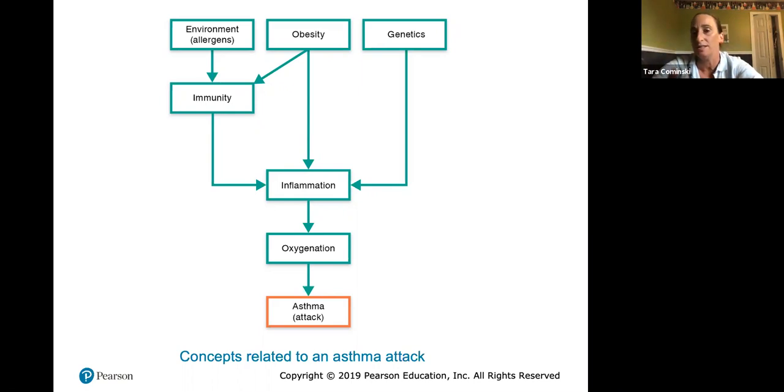Reason through this and describe, how does genetics affect inflammation? Why is there an arrow from obesity to inflammation, right? Again, you may not have all those answers right now, but that's fine, because we're going to learn about that as we move through, right? So again, this chapter is really meant for you to think about things in this way.